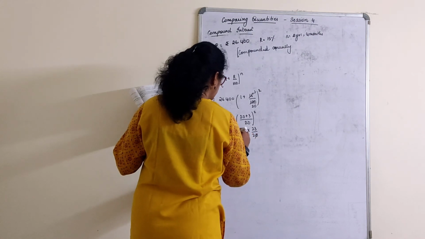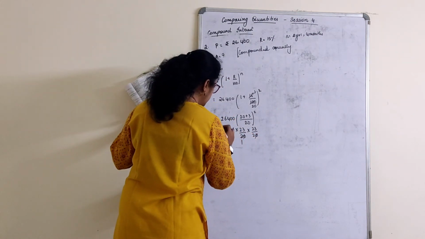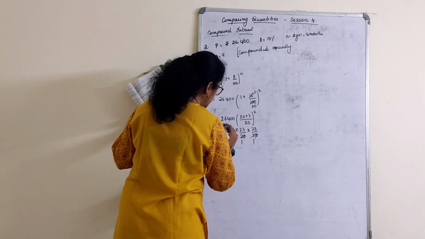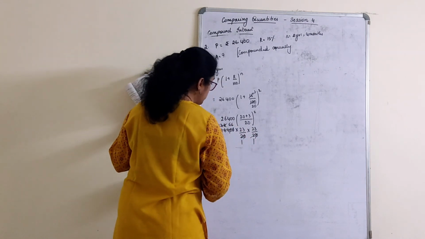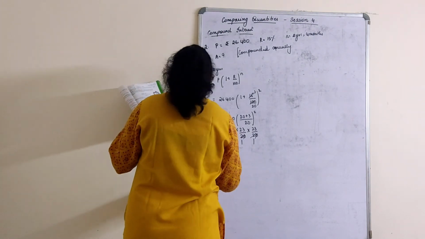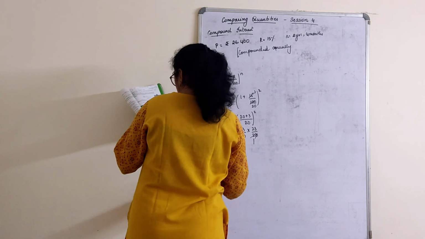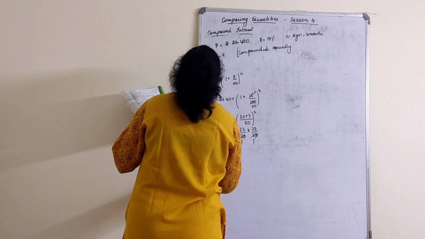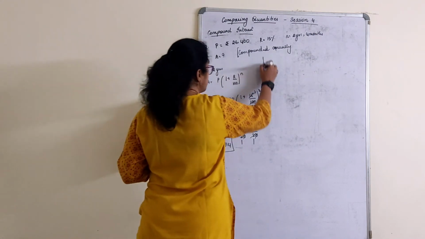Zeros cancel. 2 ones are 2, 2 threes are 6, 2 twos are 4. 2 ones are 2, 2 sixes are 12, 66 into 23 into 23. You will get 34,914. Amount at the end of 2 years.